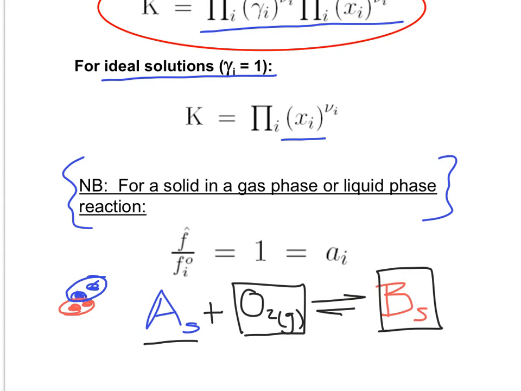Meaning that if we consider their fugacity ratios in our equilibrium constant expression, it will be equal to mole fraction 1 divided by mole fraction 1 for each of the solids.